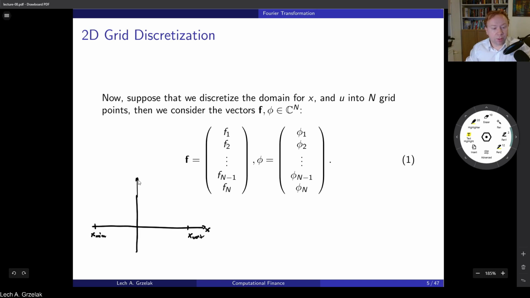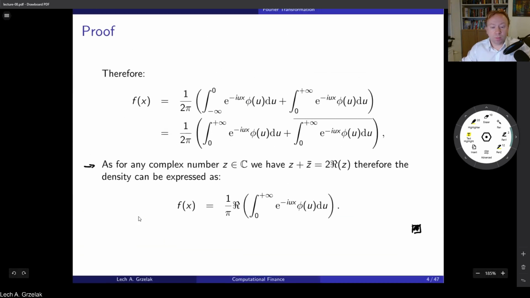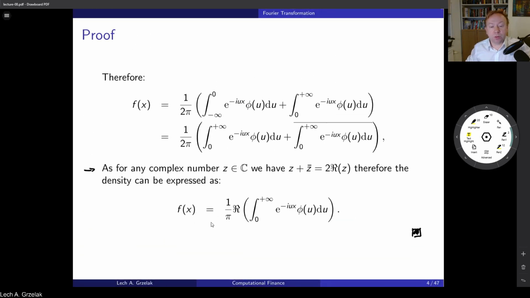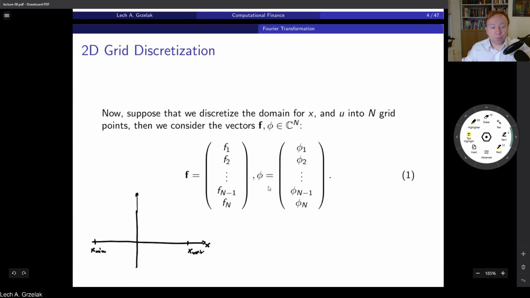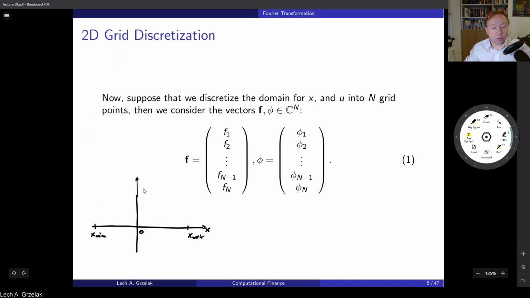The second dimension is u. Once we talk about the inversion theorem, we have 0 to infinity. So we start from 0, and since we don't have infinity in computer language, we have u maximum. Essentially we now have a grid.